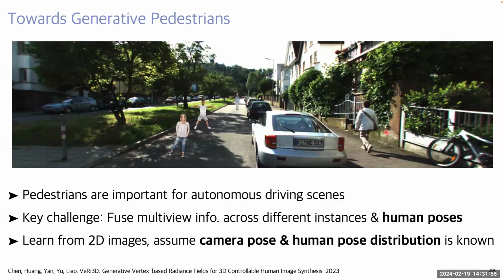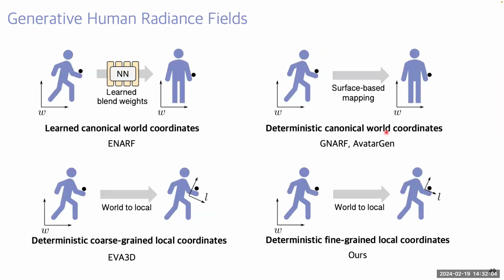Because for humans, we do have such algorithms to predict the camera poses with fairly good accuracy. And at the time we started the work, there were no such methods, but many of them came out that year, so it is a concurrent work to EVA3D and others.